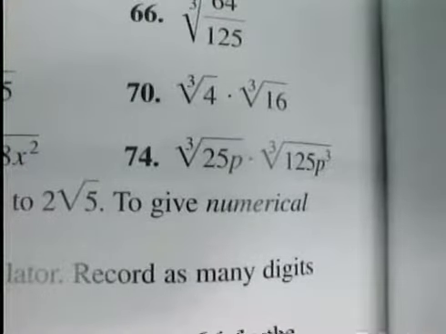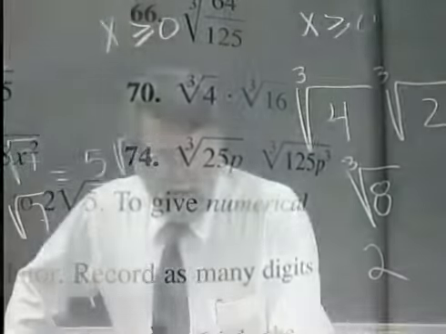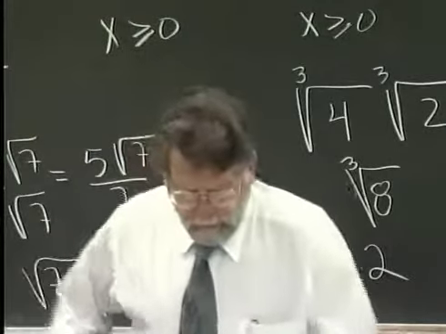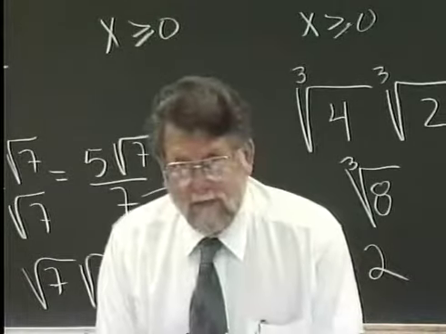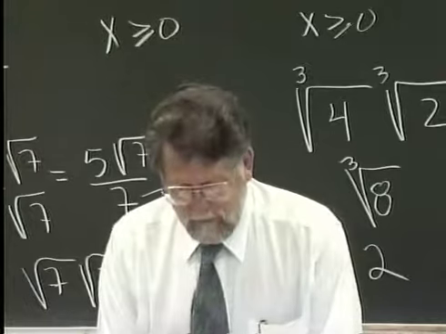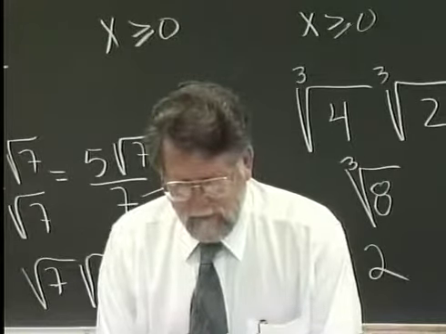Not 625, but 3,125 p to the fourth. That's getting you nowhere except trouble. So for our notation on the answer, it should be the 3 cube root 25p times 5p.